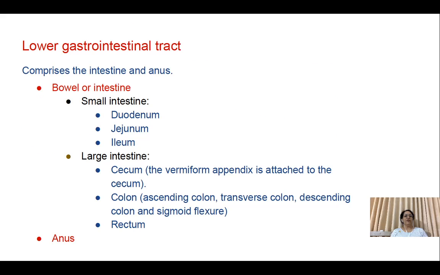The lower gastrointestinal tract comprises the intestine and the anus. The intestine is composed of two main parts, small intestine and large intestine. Duodenum, jejunum, and ileum are parts of the small intestine, while in the large intestine, cecum, colon and rectum are considered along with the anus.